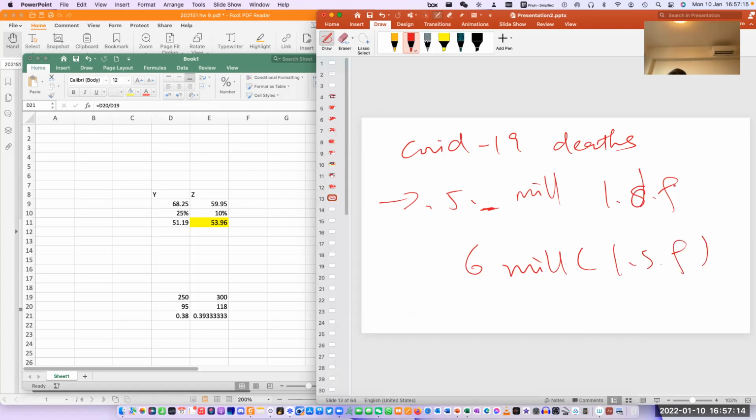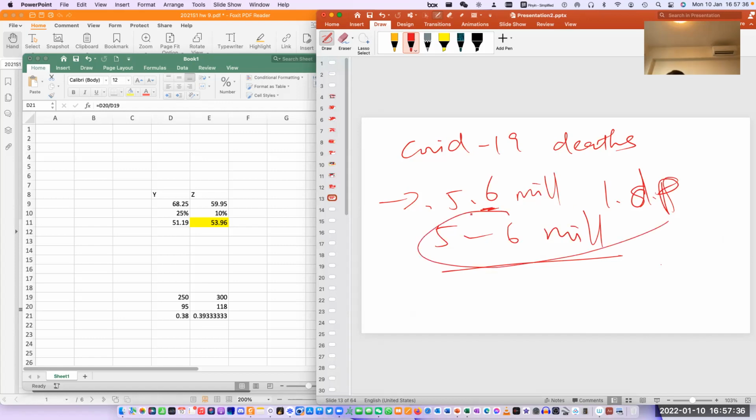So let's do it to one decimal place so you will have a better understanding. It's probably 5.6. I'm not sure, but anyway, the range is 5 to 6 million across the world. It's for us to have a sense of how big or how small the number is, instead of being concerned with the accuracy of the numbers.